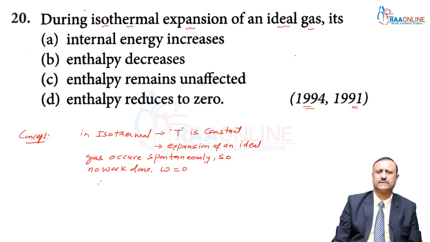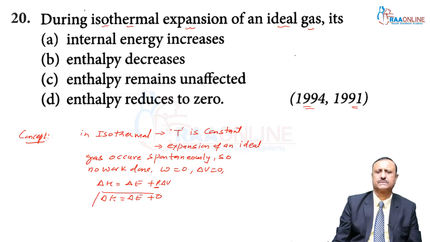So, you can see that delta H is equal to delta E plus P delta V. Here P is the pressure, and the change in volume is 0, delta V is equal to 0, so P delta V, which is the W, is 0.